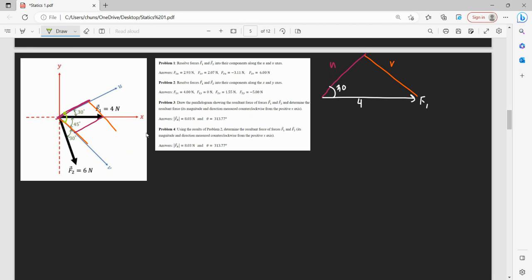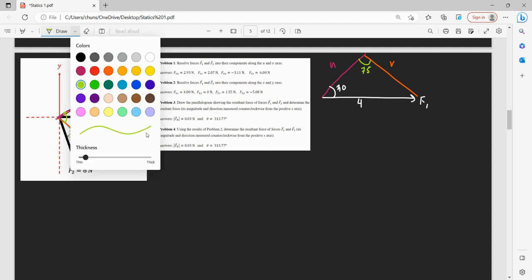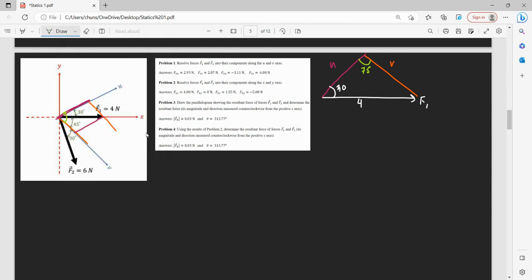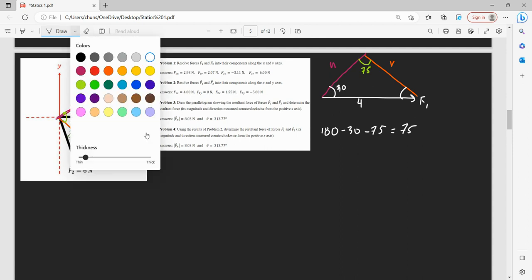So between our fuchsia and orange is going to be the same as here between our fuchsia and orange in this triangle. So we know that is 75 degrees. And that means we can fill in our last angle here, because triangles have a sum of 180 degrees. If we subtract 30 and subtract 75, that will give us 75 degrees. And that goes here.